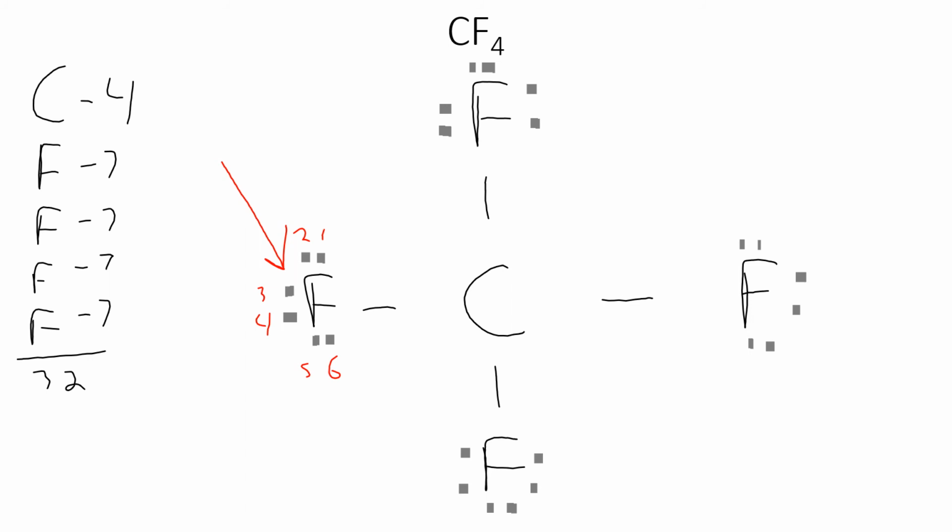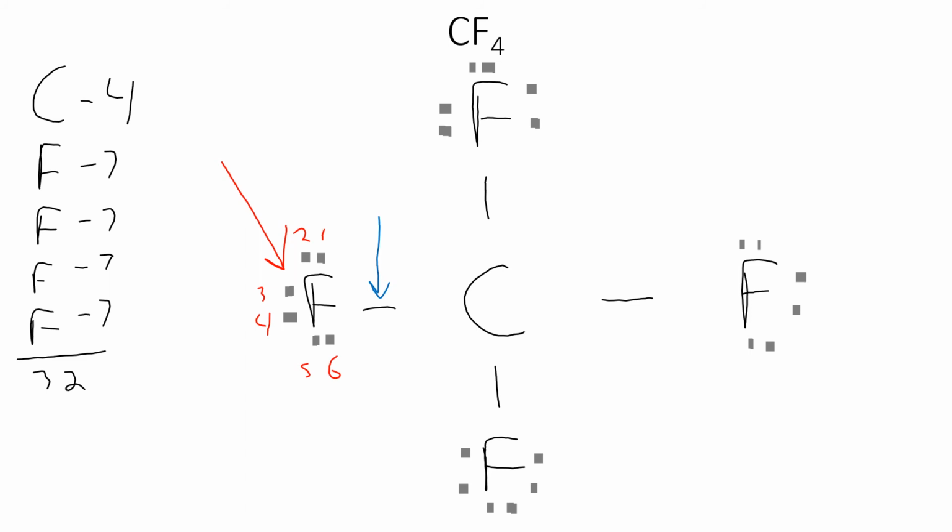But what we want to do is look at this bond. When we look at that bond that I'm pointing to in blue, there are 2 electrons in that bond. They're being shared between the carbon and the fluorine. But in terms of formal, official accounting, we have to formally assign one of those electrons to the fluorine.